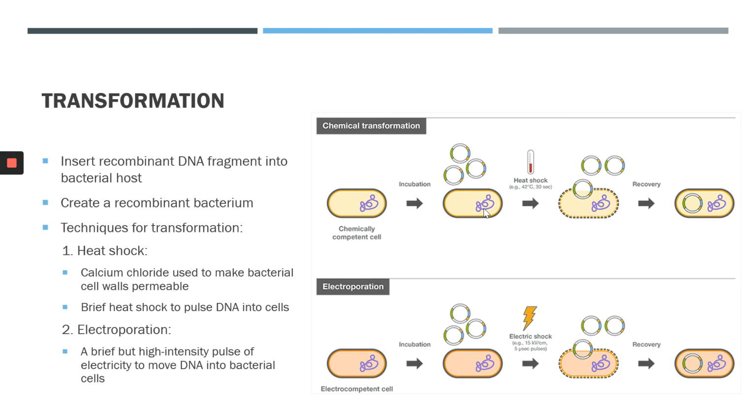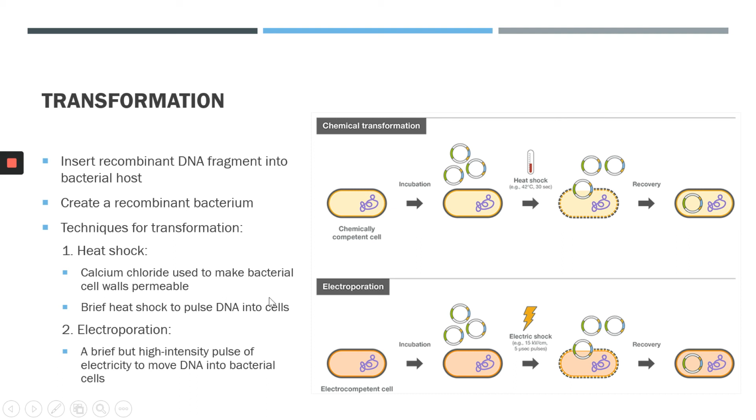After a time, the bacterial cells are heat shocked at 42 degrees Celsius for 30 seconds, and this heat shock forces the DNA to pulse into the bacterial cells. Once this is achieved, bacterial cells are then recovered for further use.